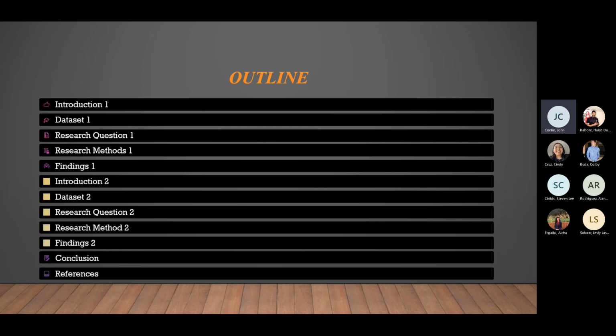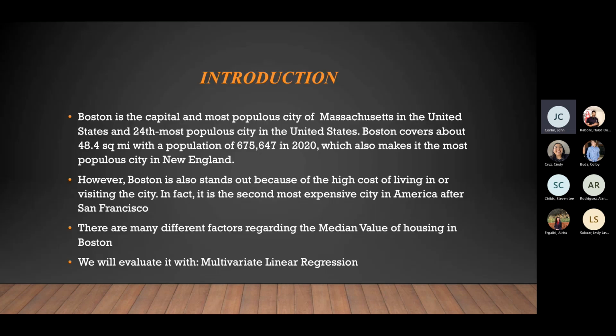We'll be doing the same thing for our second data set: the introduction, data set, research question, method and findings. And then we will have a conclusion comparing both of them and the different methods we used, and the differences between continuous and classification sets. We'll then go into detail about our references. And now it is time for our introduction.